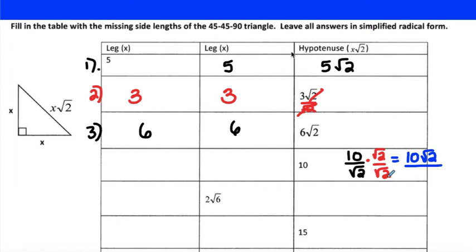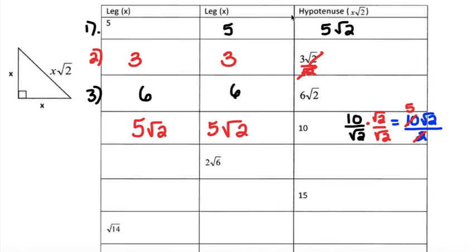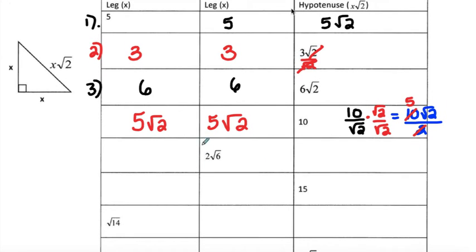And remember, root 2 times root 2 is just root 2 squared, which is 2. And then I simplify the 2 into the 10, not into the 2 because it's irrational. So that would give me 5 root 2. Okay, so my legs are 5 root 2. Now I know that can be confusing, but you're totally fine that it's got the root 2 in the legs.